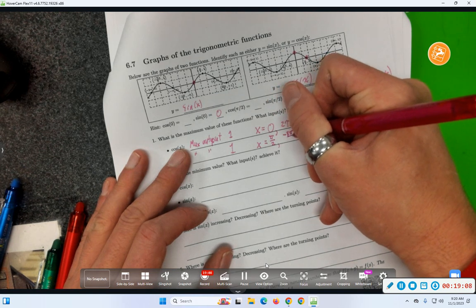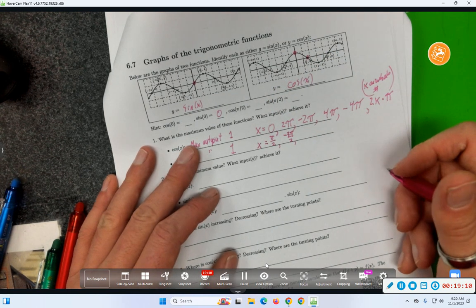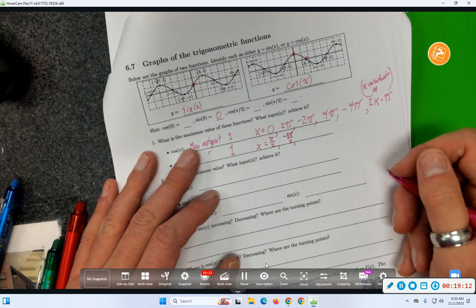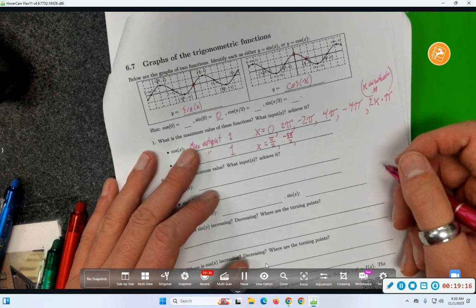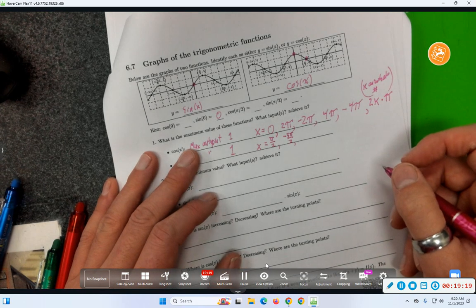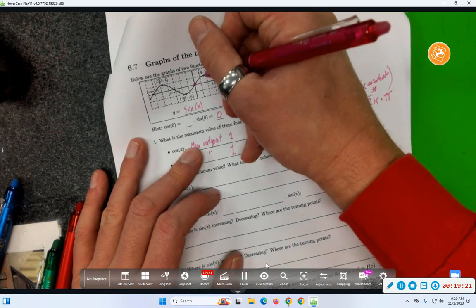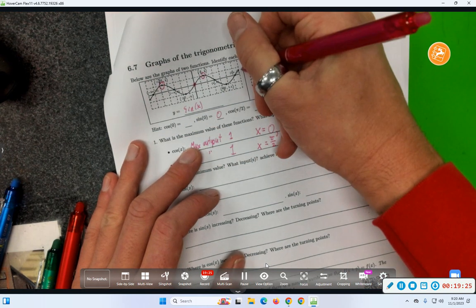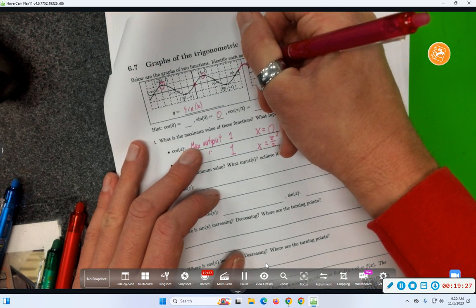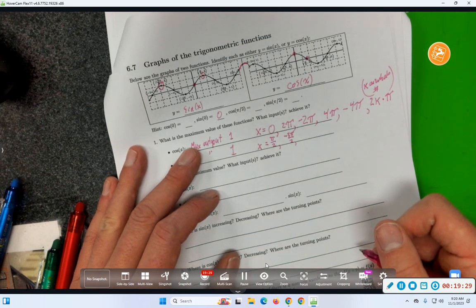Negative 3 pi over 2. Do I hear any other inputs? I guess these are the only ones you see here. But it sure looks like if you continued this on, it's going to get back up there.